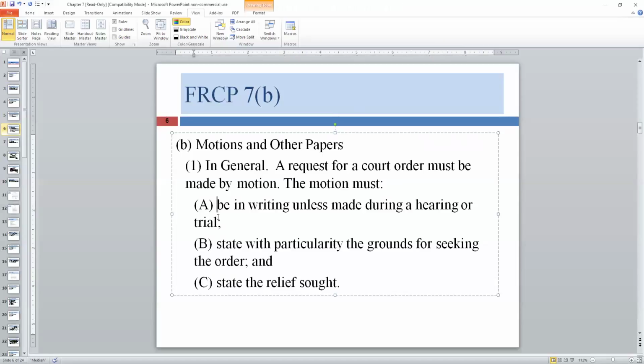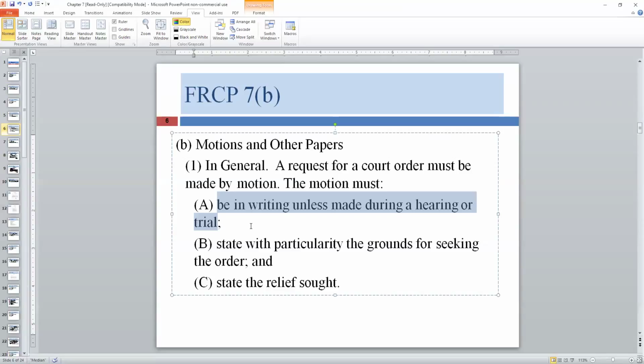Let's go up to this first item for just a second. The vast majority of motions, or what we think of typically as motions, are things that are filed with the court. But every time in a trial somebody moves, Your Honor, I move that exhibit be admitted into evidence, or I move that exhibit be excluded from evidence, or I object.